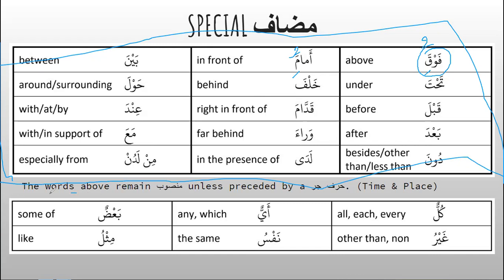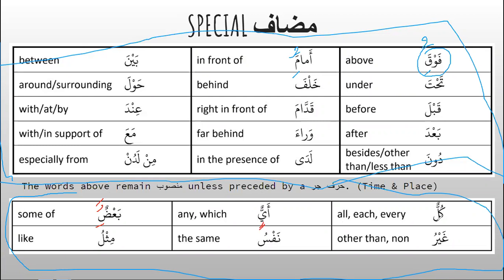But this word also same thing. These are also special mudaf, but this word might change. Okay, this word might change. And by change, I mean they can be light, they can be heavy. Like ba'dun can become ba'du, can become ba'da, or can become ba'di. Okay, ayyu can become ayyin. It can happen.